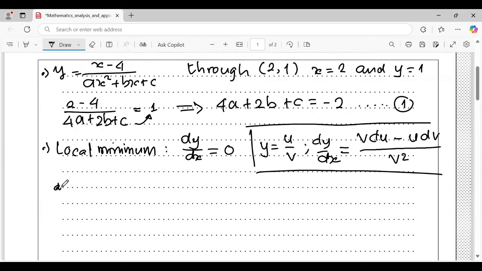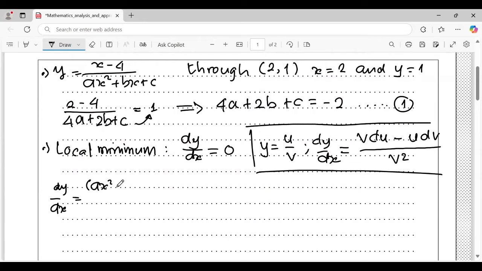So dy/dx equals v times du, this is v times the derivative of u, minus u times the derivative of v.